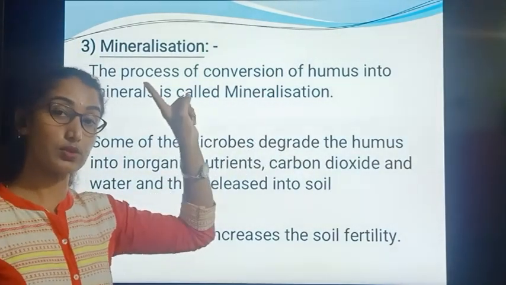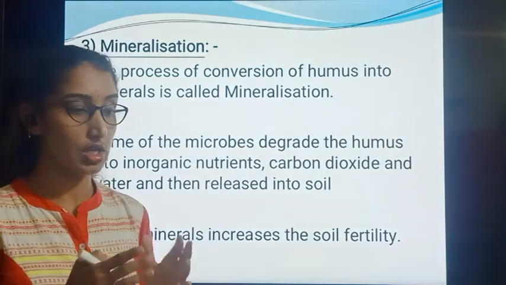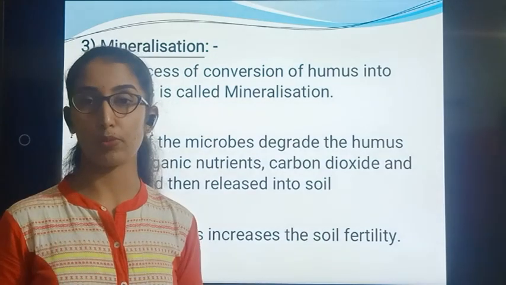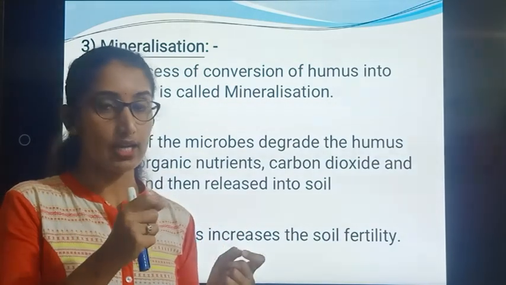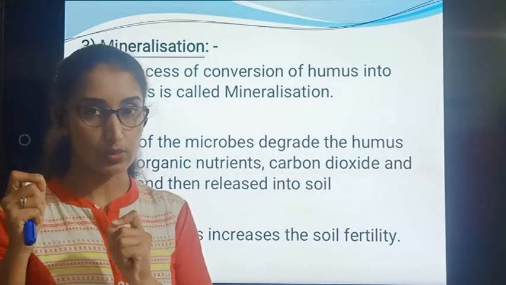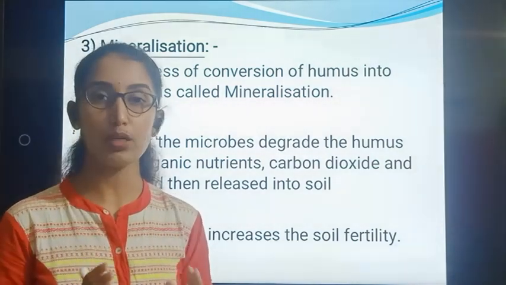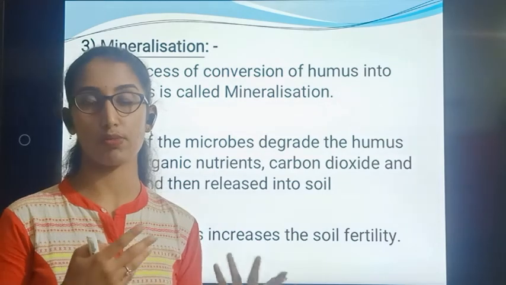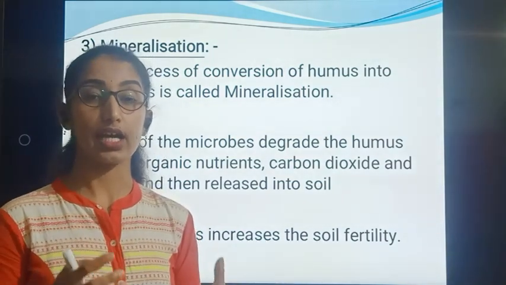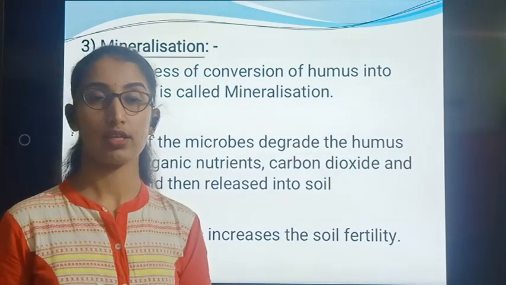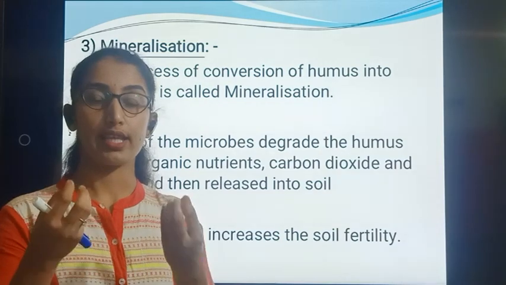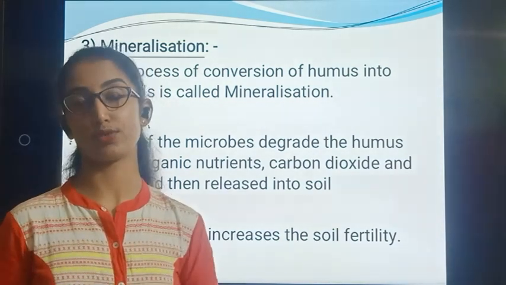That means first, during fragmentation, the organic matter was broken down into many pieces, and that detritus was consumed, or the fragmentation was done with the help of detritivores like earthworms, beetles, termites, etc. They converted it into humus. That humus is now broken down, and they are releasing the minerals into the soil.